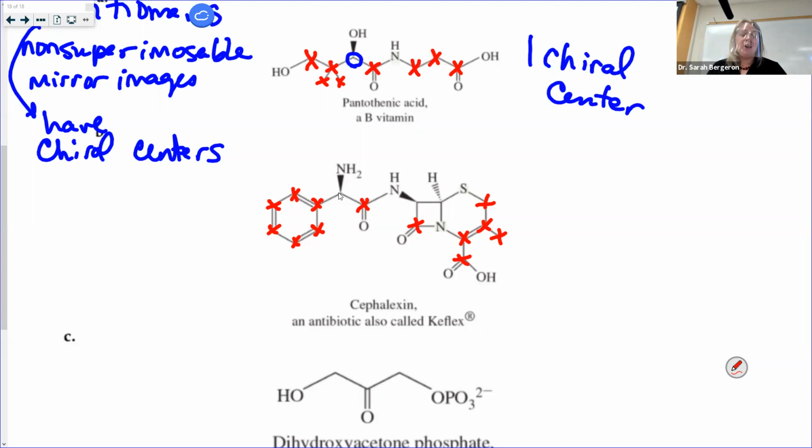I have 1 carbon here, chiral or achiral? It is chiral because we have an NH2 group, an aromatic, and then the rest of the molecule, and then it's got a hydrogen. So it's absolutely chiral. Nitrogen can't be one. How about this one?